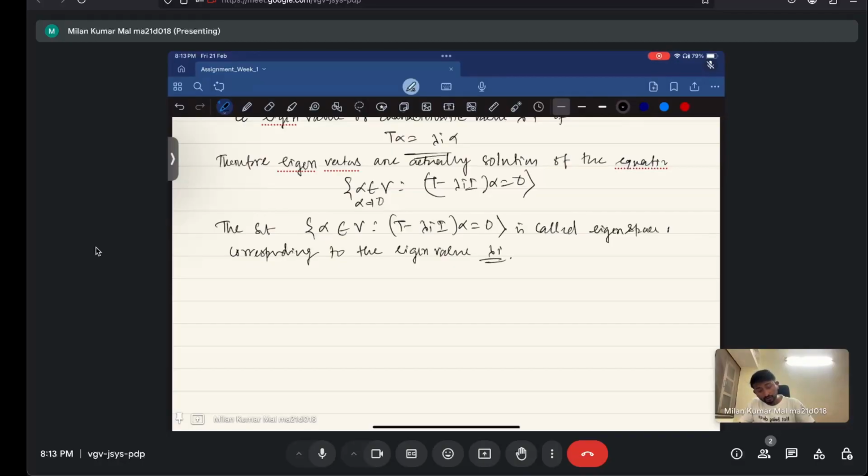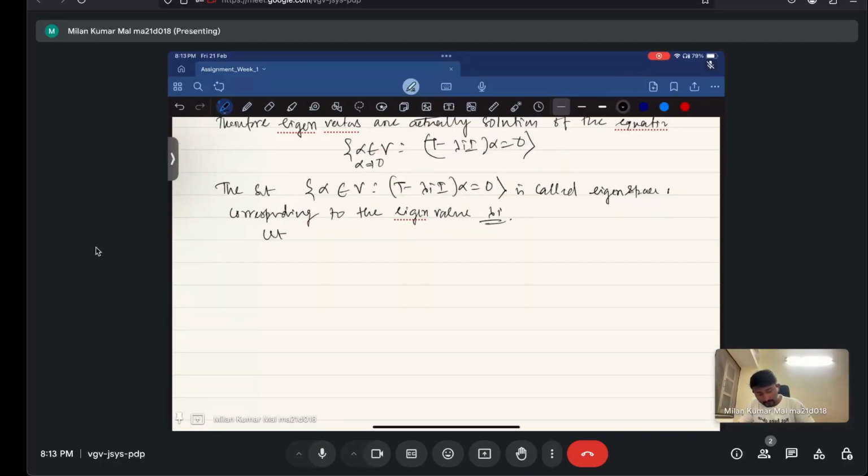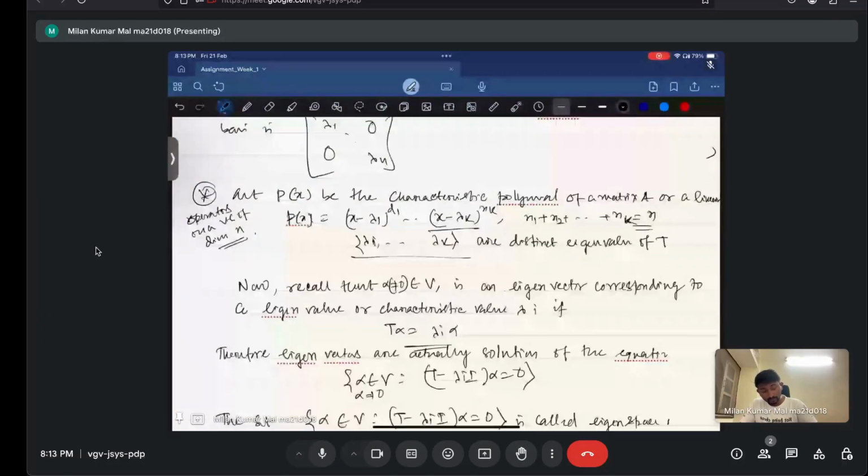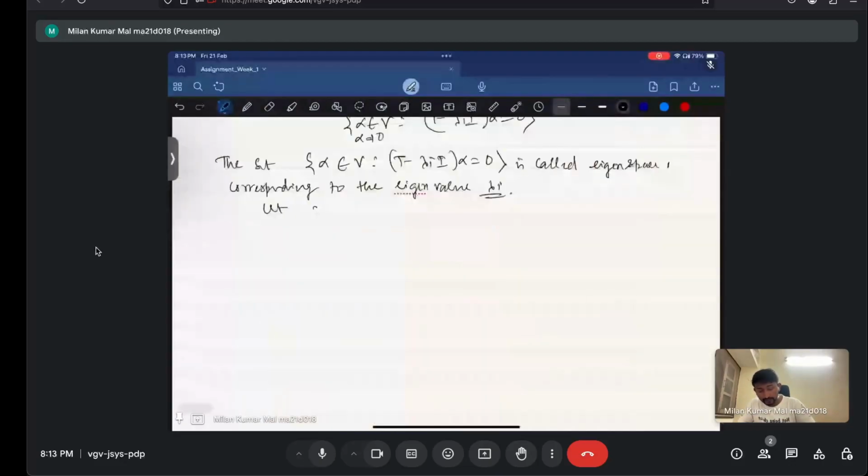Okay, let d_i be the dimension of this space, so d1 plus d2 all the way to dk is equal to n.